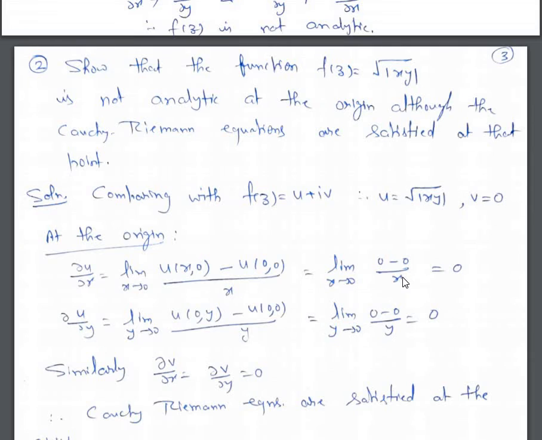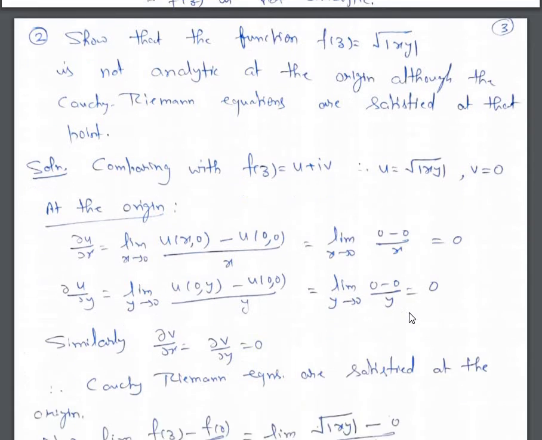So this limit is equal to 0. Similarly, ∂u/∂y is given by the limit as y tends to 0 of [u(0,y) minus u(0,0)] upon y, which is again the limit of (0 minus 0) upon y, which is equal to 0.